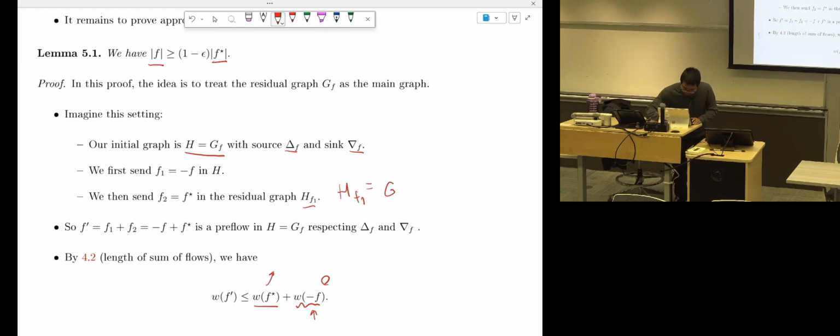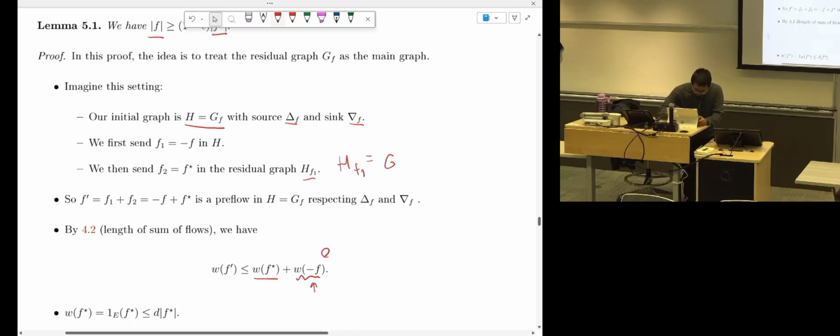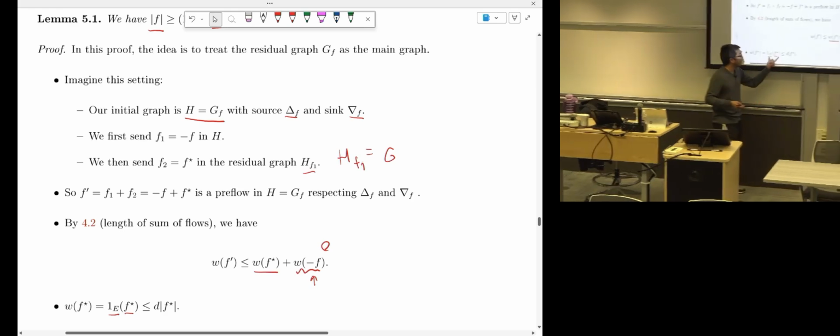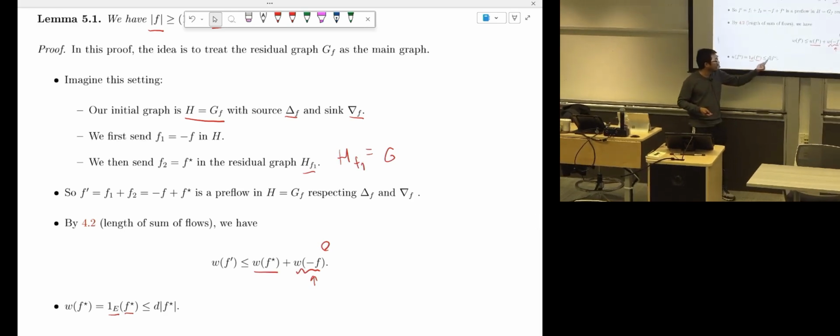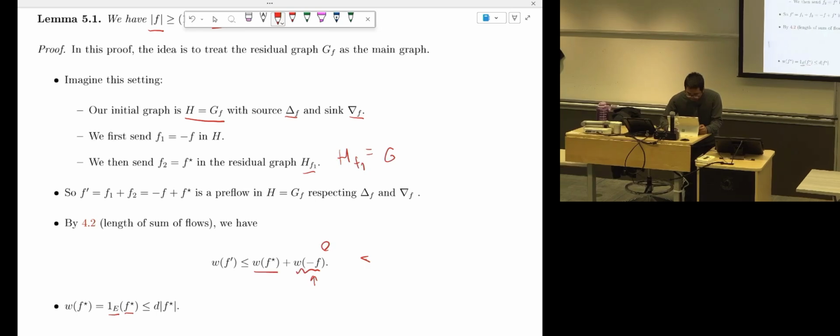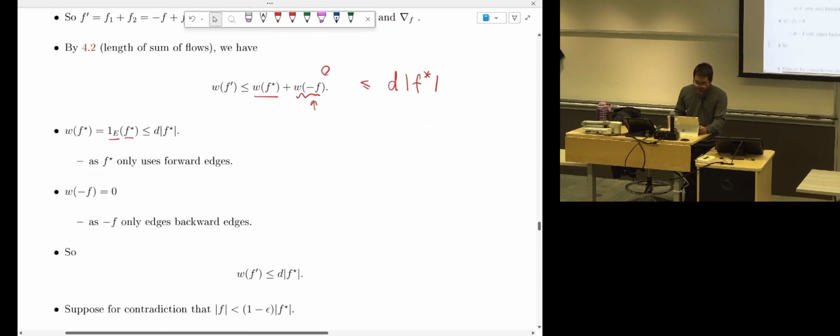So basically it's just equal to R1 of F star. But F star has small average length. So this is at most D times the value of F star. Okay. Good. We get this.